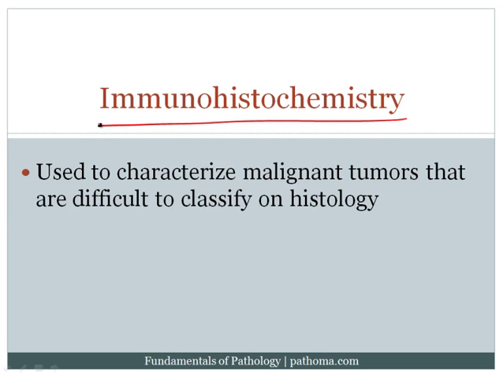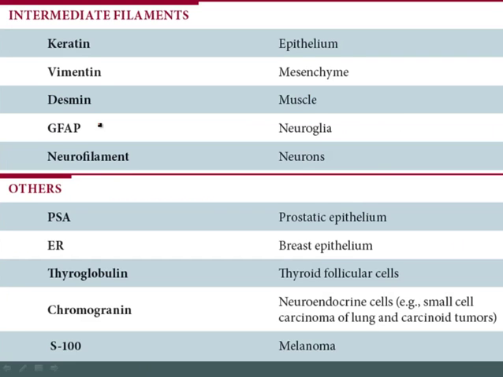And if the antibody binds the cells, then it helps us to identify particular proteins that might help us to subclassify the cell type. And it's important to be familiar with this because, of course, it's useful clinically, and also examiners like to go after it because it really draws in some of the basic principles of histology. So this is a great way to test your histology.